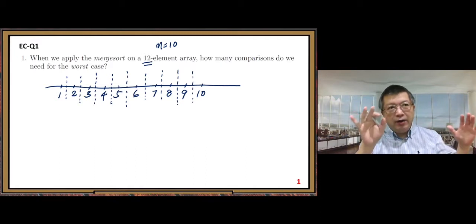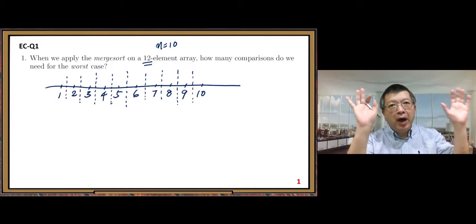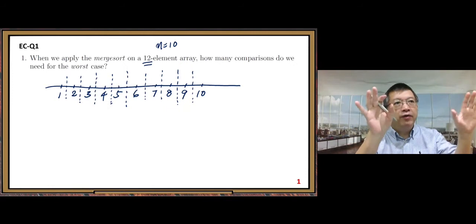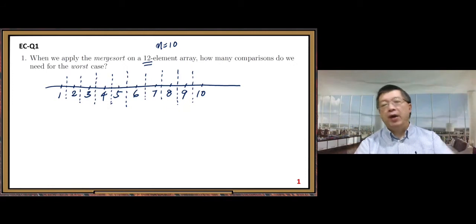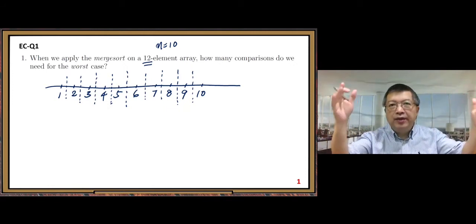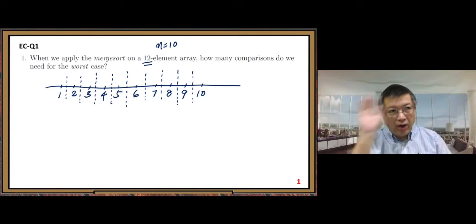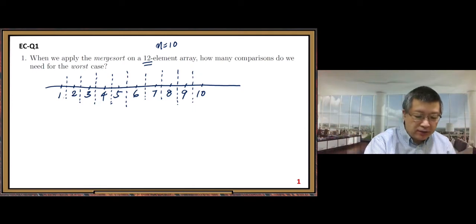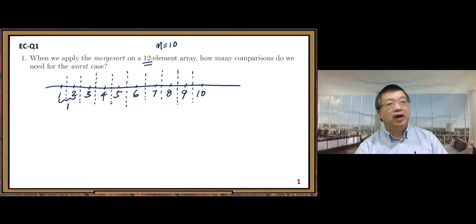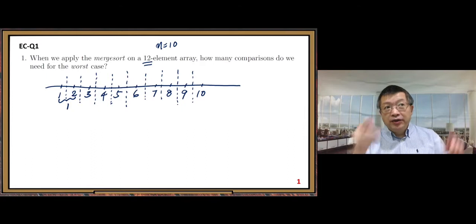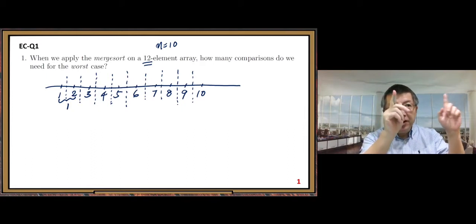Each round we count the number of comparisons for the worst case. Then we add them up, and we get the final answer. All right. First round: merge the adjacent arrays. These two, 1 comparison, right? Worst case: total number of elements minus 1.